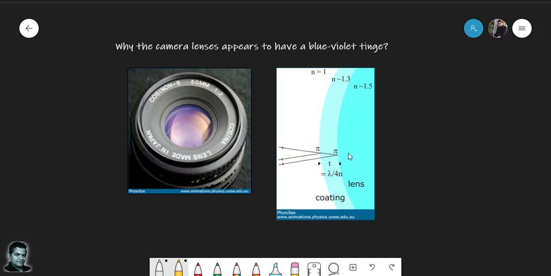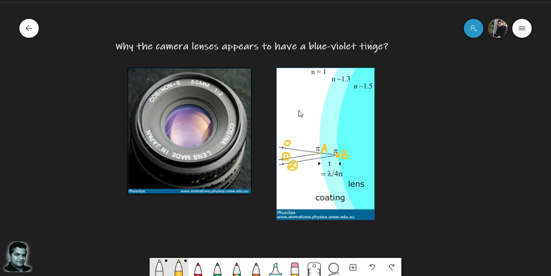So in that case, when a light is coming in, this is the incident ray, let's say ray number 0, then one part of it gets reflected from this point, let's say A, so this is ray number 1 which gets reflected. Another part gets reflected from this point, let's say B, and this is the second reflected ray.